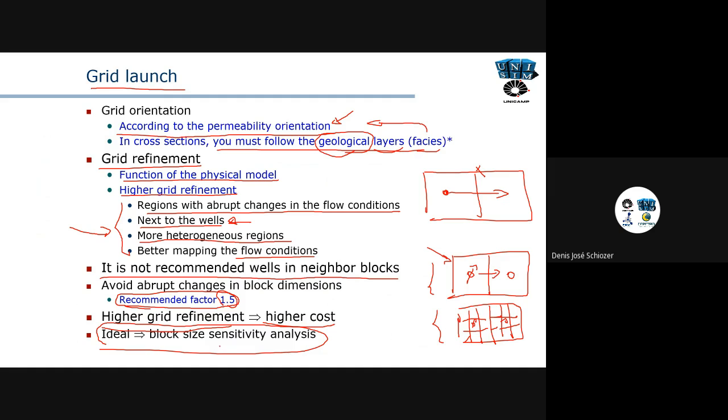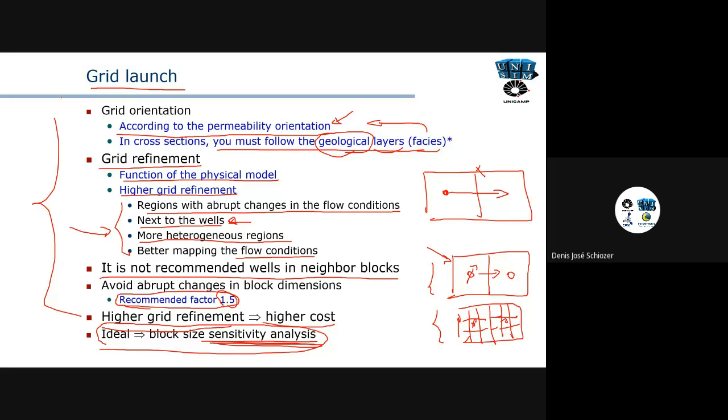So what we're calling sensitivity analysis, we can do before we do thousands of simulations to history matching or to optimize the solution. We normally do sensitivity analysis in all these things to see if the solutions change too much, trying to find a solution that is faster and with the same quality, okay?